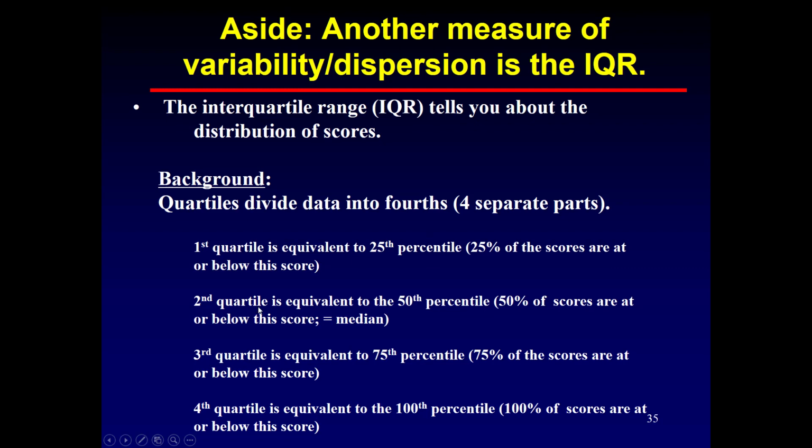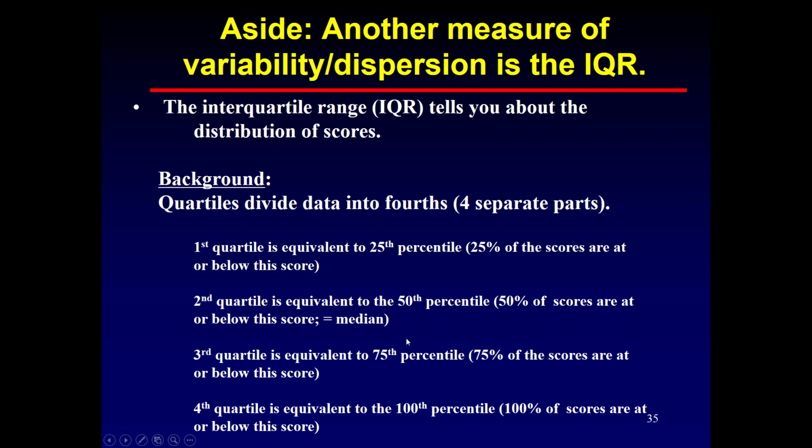The second quartile is equivalent to the 50th percentile. This is equal to the score that's right at the median of the distribution. The third quartile is equivalent to the 75th percentile. The fourth quartile represents 100% of the scores.